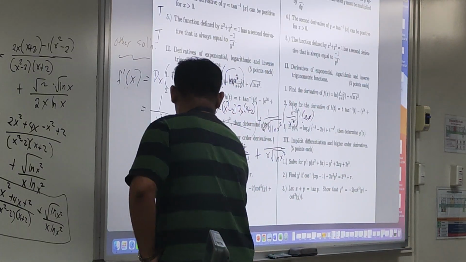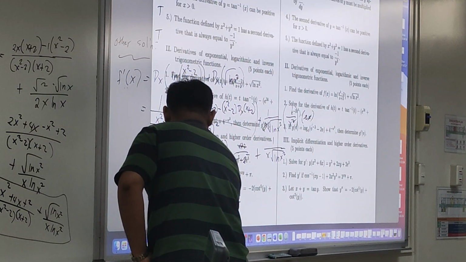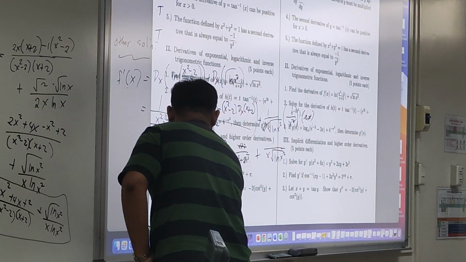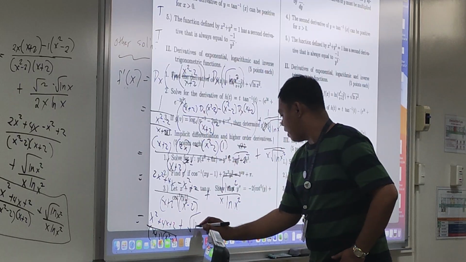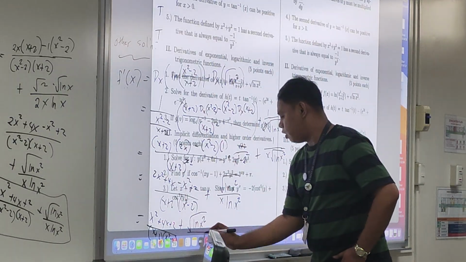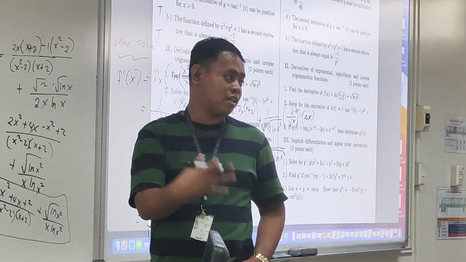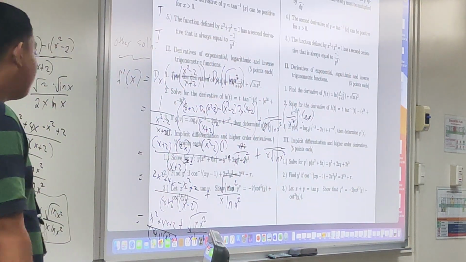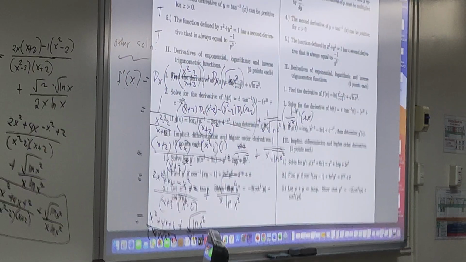And this is what? x squared plus 4x plus 2 all over x plus 2 times x squared minus 2 plus square root of ln of x squared all over x times ln of x. Just you can see we come up with the same answer. Pero nandito naman siya kahit ano na siya. So, we have different approach for the problem, but they have the same answer.